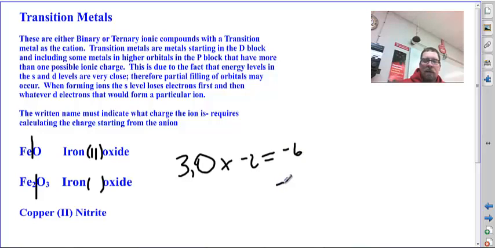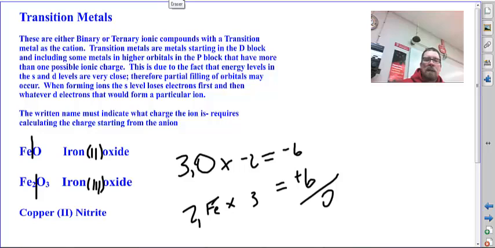My positive charge is going to have to equal 6, so that added together those two equal 0. Well, I have 2 total irons times some number is going to equal 6. Well, that has to be 3. So this is iron 3 oxide.